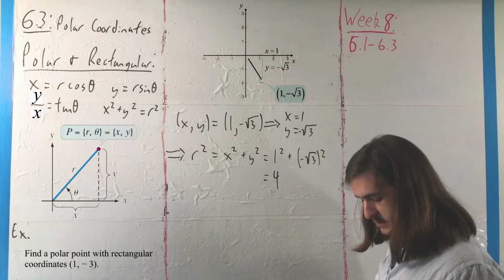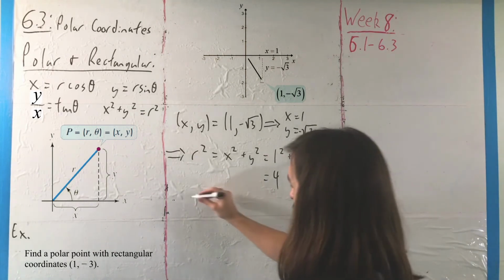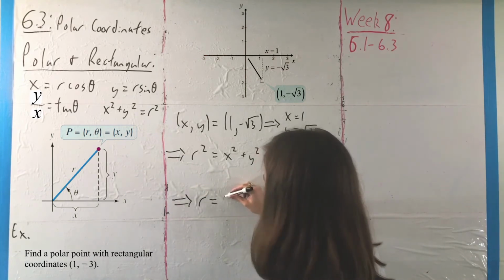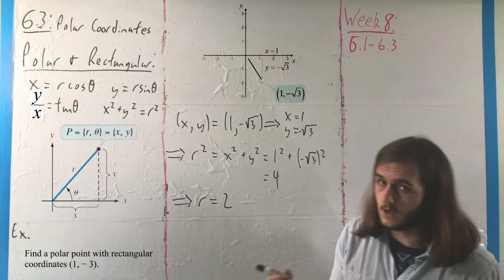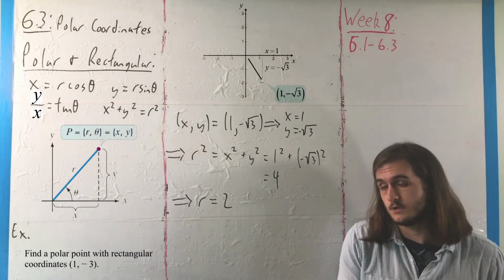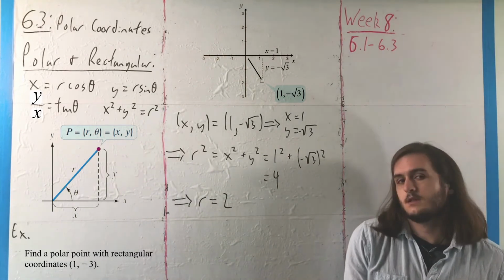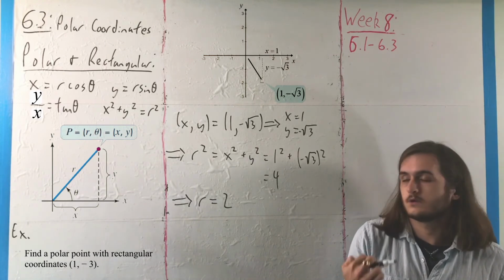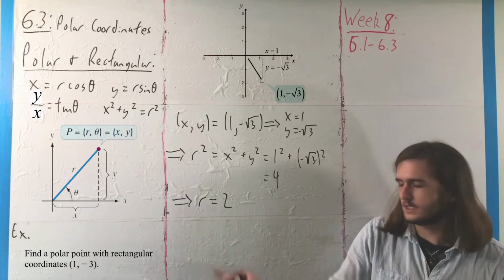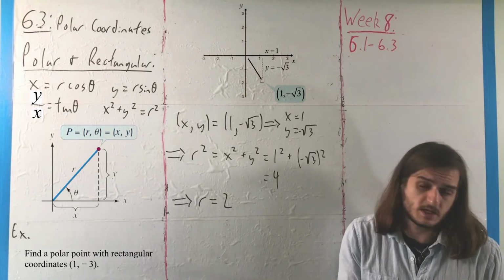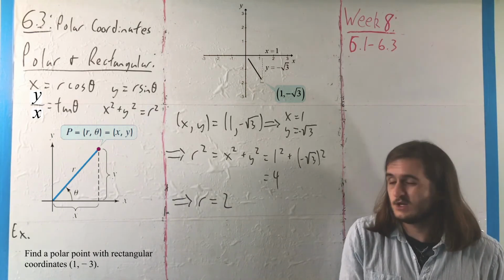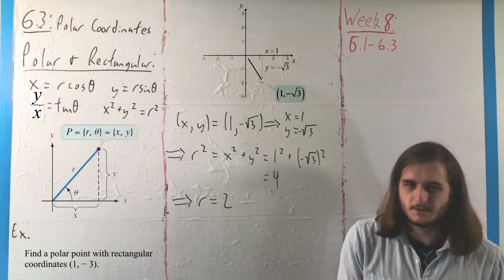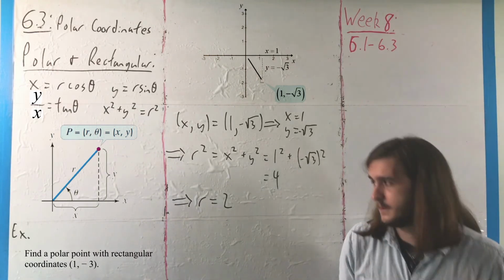And from here, we take the square root to get that r is equal to 2. Technically speaking, r is equal to plus or minus 2. And again, that brings up the idea that we don't have a single way to represent a point in polar coordinates. But usually, when we're doing these problems, we make r positive unless you have a good reason not to. Here, we're going to the right anyway, so why make life more complicated? We'll take the positive root.